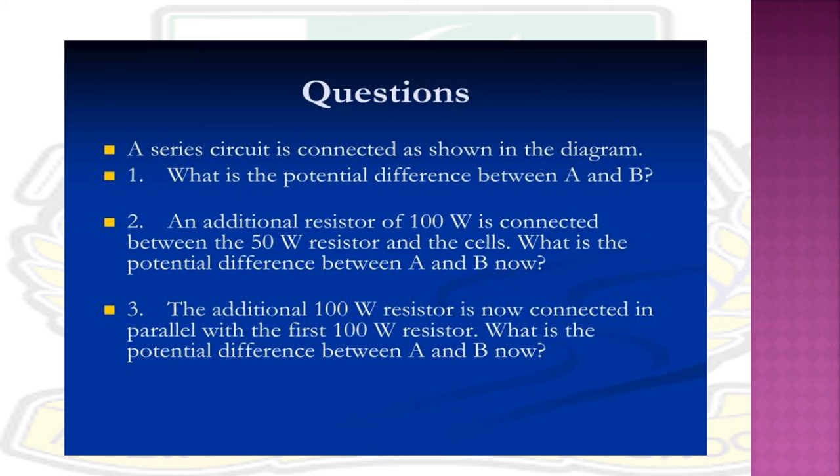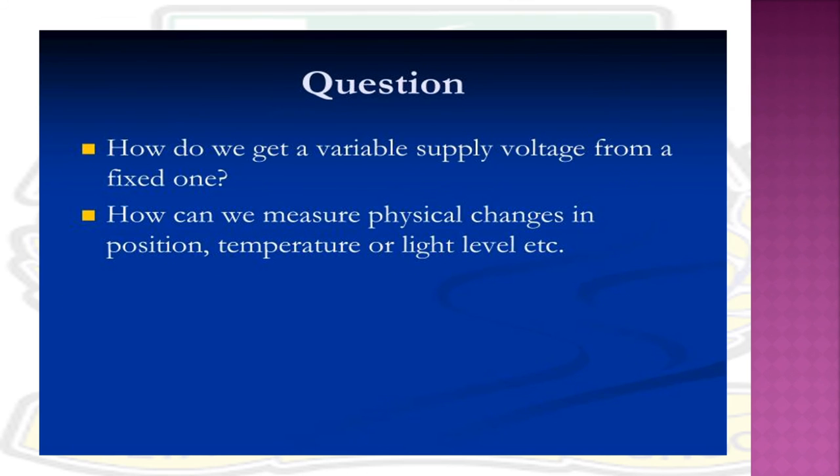And the additional 100 ohm resistor is now connected in parallel with the first 100 ohm resistor. What is the potential difference between A and B now? Also, how do we get a variable supply voltage from a fixed one? And how can we measure physical changes in position, temperature, or light level, etc.?